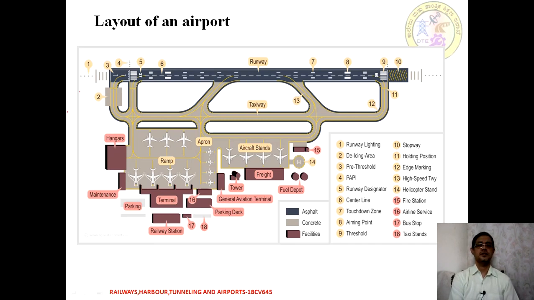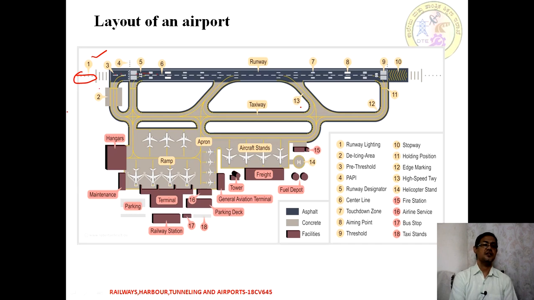The first number indicates runway lighting, whatever lighting is provided as approach lighting for the ease of landing or takeoff.